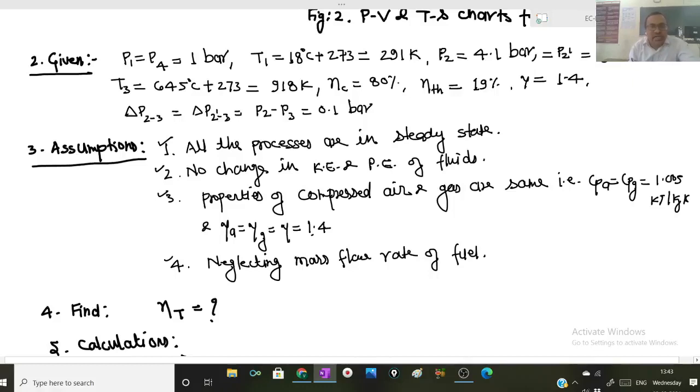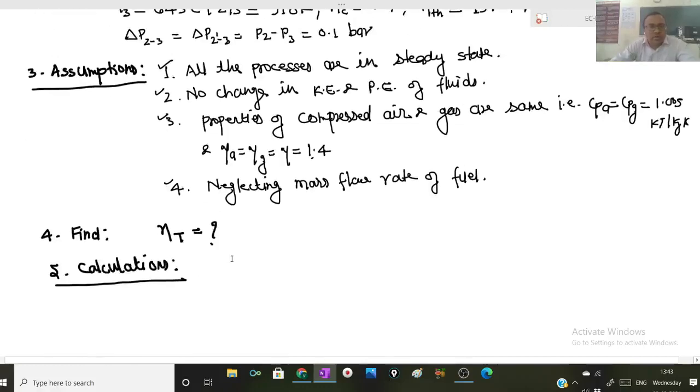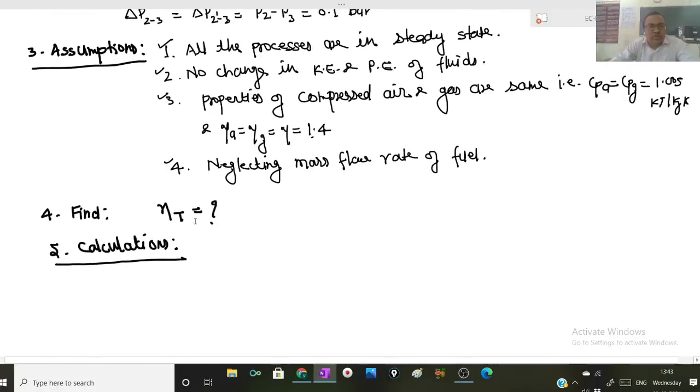And the last one, neglecting the mass flow rate of fuel. So you are supposed to find out the isentropic efficiency of the turbine. So let us solve this numerical.